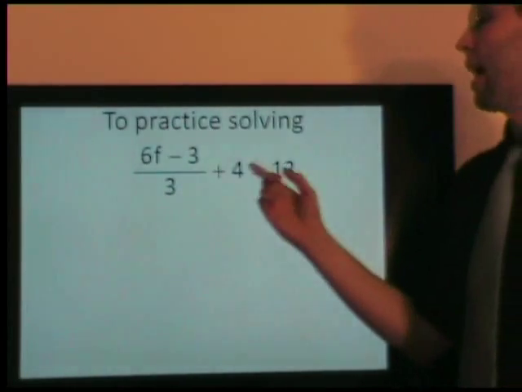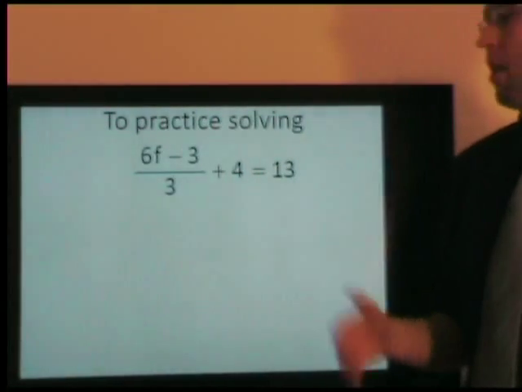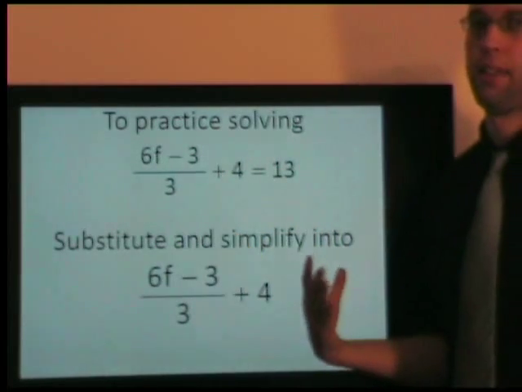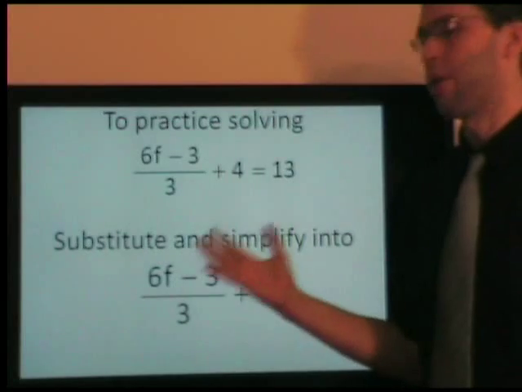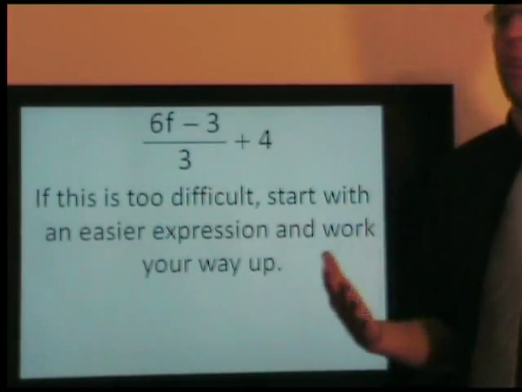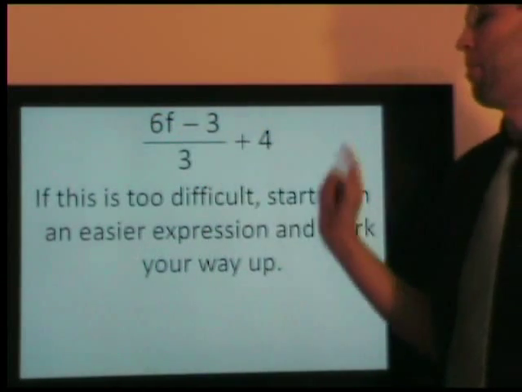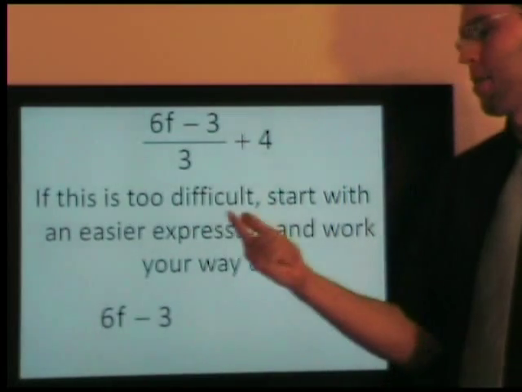So in this case, how do we practice solving this type of equation? The same idea. We practice substituting and simplifying into this expression. So we say, oh, when f is 5, well, what are we doing? But this may be a bit too difficult, which is okay. So first we start with just 2 steps. We start with just this right here, times 6 first, minus 3 next.